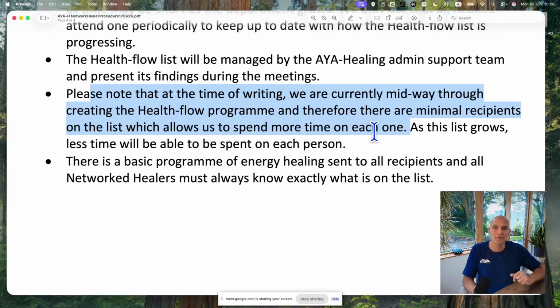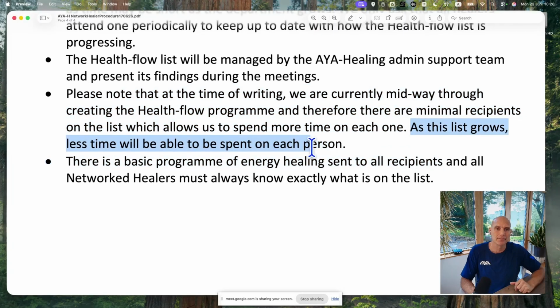If you've noticed in our current health flow meetings, we tend to spend quite a lot of time on some of the people on that list. But as that list grows, less time will be able to be spent on each person. You can imagine that list will evolve into having thousands of people on it, potentially. So it will be interesting to see how we manage that meeting and that list.